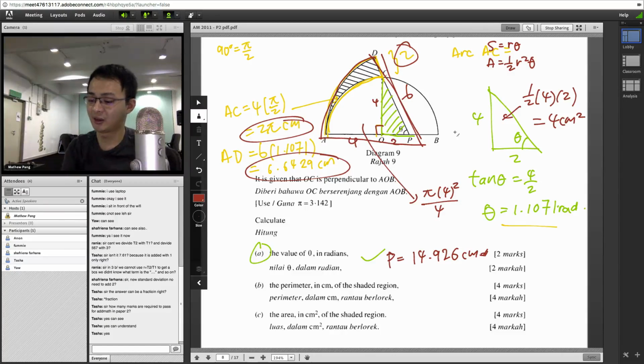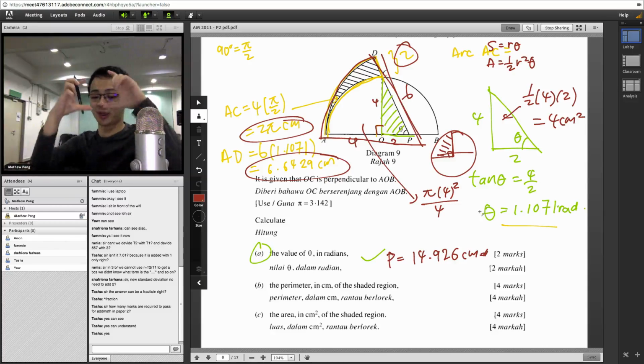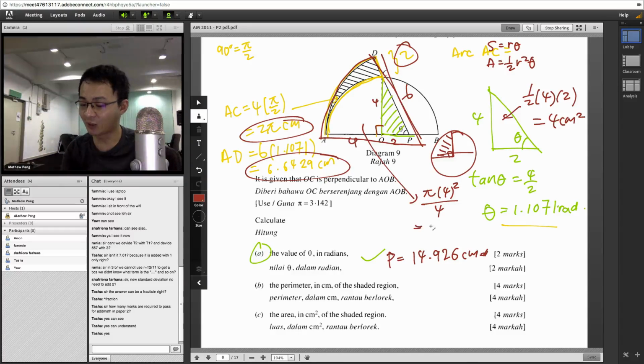Pi r squared is a whole circle, divided by 4 you get a quarter. So this is just 4 pi centimeters squared. So I already have these two.